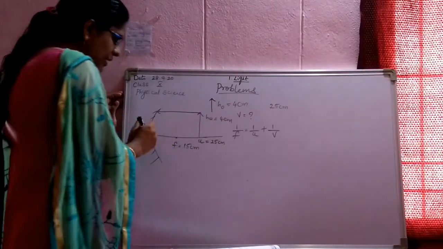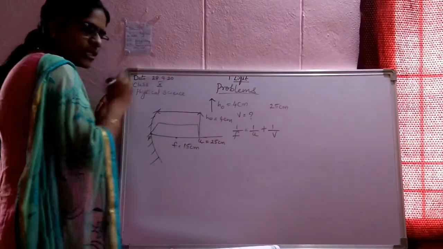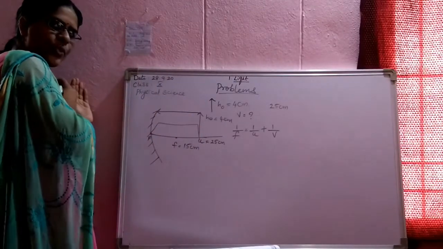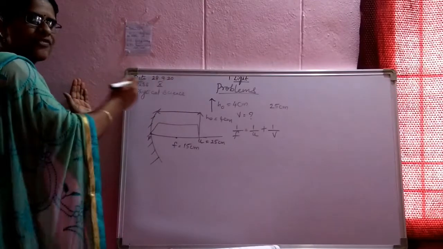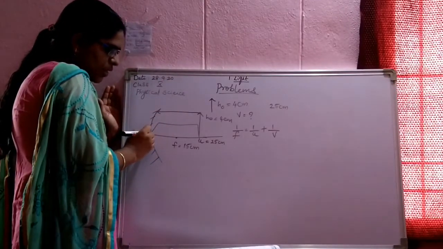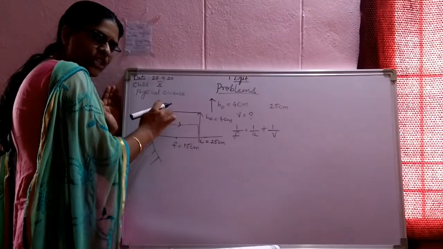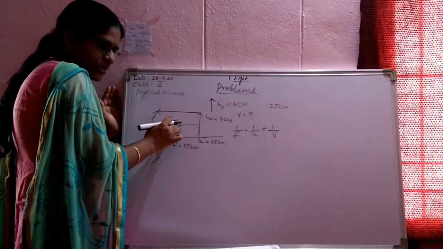Now, object distance means what? From pole to the object. The rays are moving from right to left, but I am measuring my distance from pole to the object. Are they in the opposite direction? Yes.